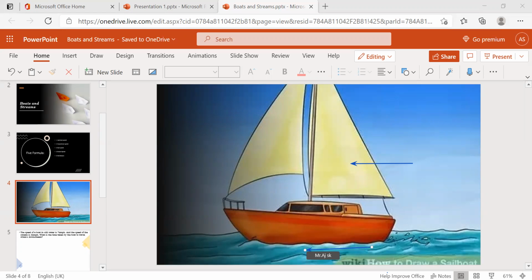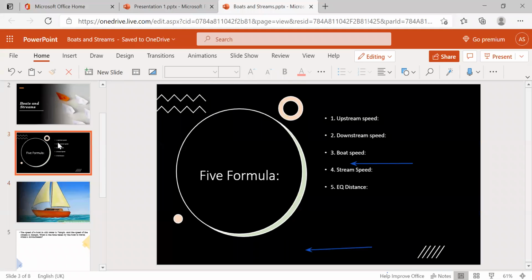Now we'll move to this. See here, what are the upstream speed and downstream speed?